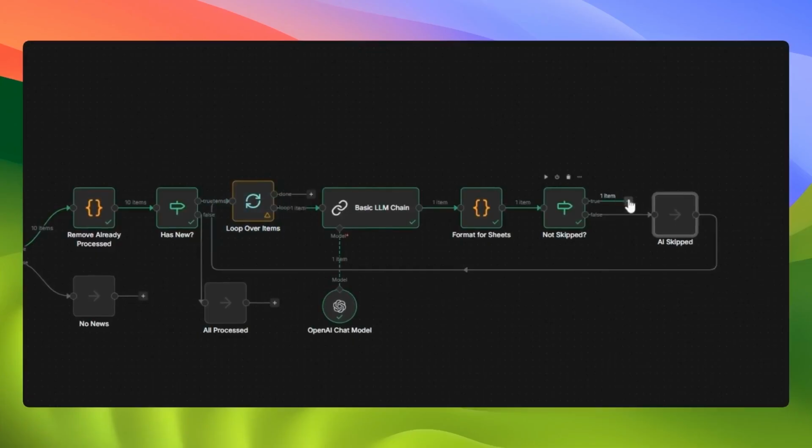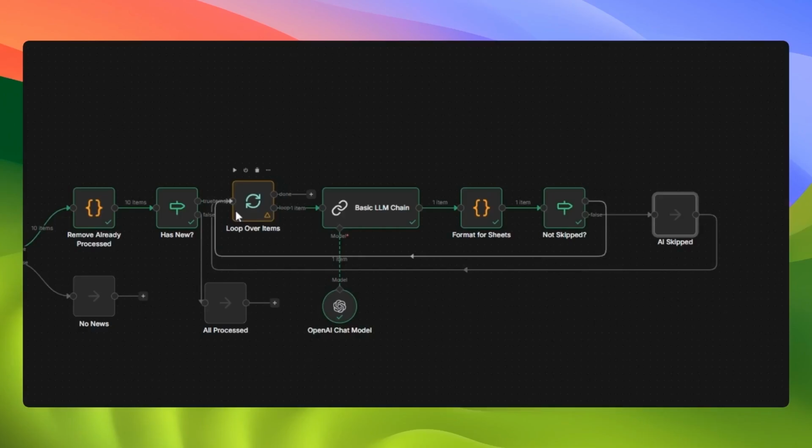So if skipped, this is another concept that maybe I need to explain. I said that for the loop node, it will fire actions for the same item for every node that is after the loop node.